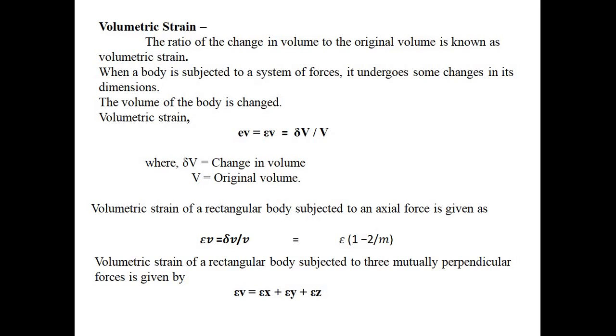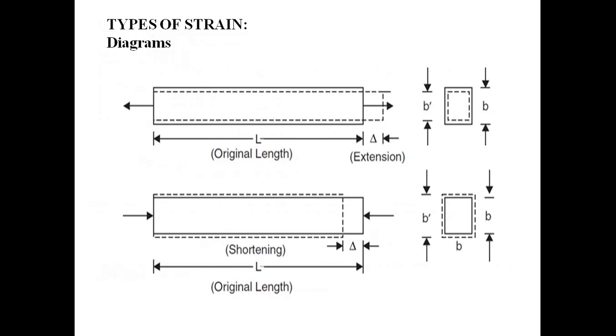Then the total volumetric strain EV is equal to EX plus EY plus EZ, where EX is the strain due to the first force, EY is due to the second, and EZ is due to the third. The total summation will be the total volumetric strain. So this is about the volumetric strain.